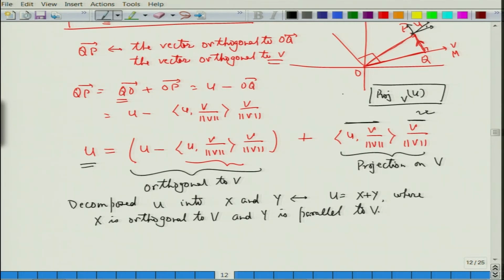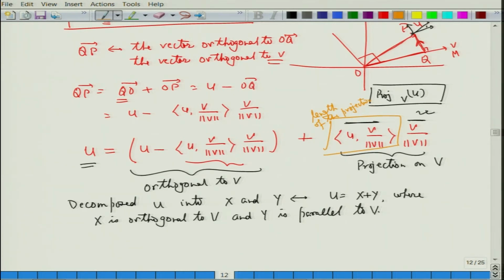Why is it the length of the projection? Because this is a unit vector. So when I took the length of the overall, this will give me only one and this will give me the length of the vector OQ. Fine. So I have decomposed u into one orthogonal and the projection.